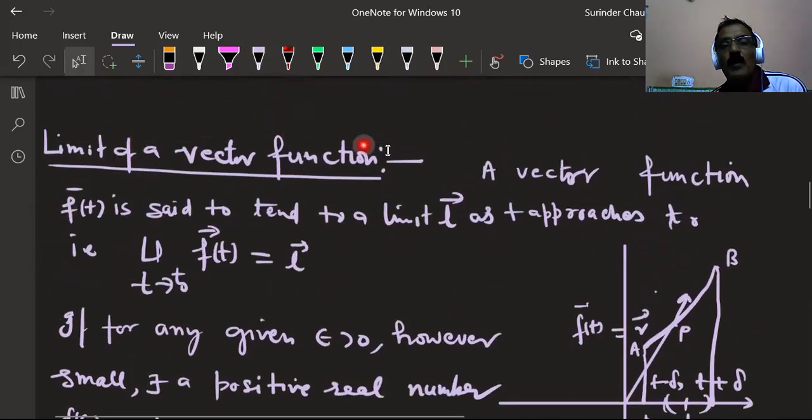Now let me compare the difference between the limit of a scalar function and the limit of a vector function. The limit of a scalar function we studied in differential calculus in first year, and the limit of a vector function we are studying in vector calculus. If I compare both definitions, they are the same.